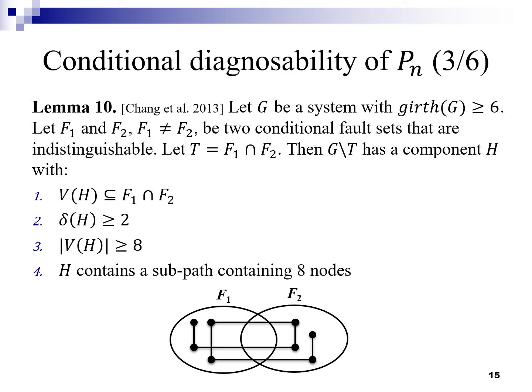Third, the number of vertices in H is at least 8. And the last, the component H contains a subpath which contains 8 nodes. The subpath is depicted as in the following figure.